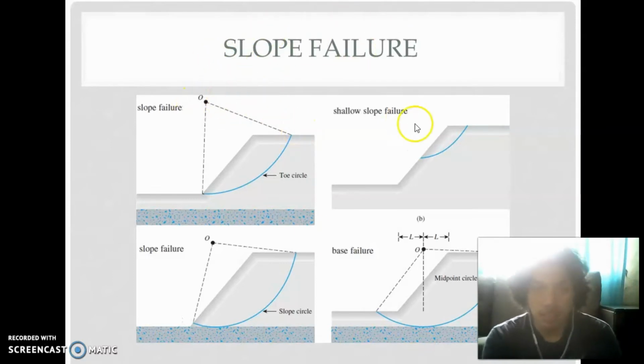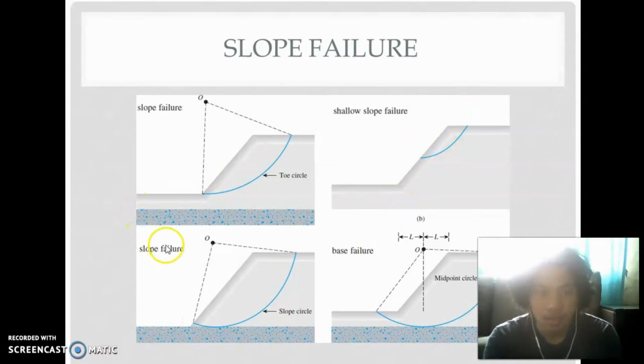As we can see here, there are types of shallow slope failure in construction. You can see this slope area at the slanting area. This is the upper base, and this is the lower base. The first is shallow slope failure, which happens at the upper base and the middle of the slope area.